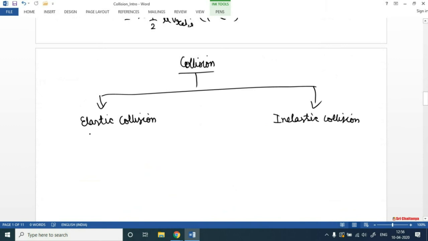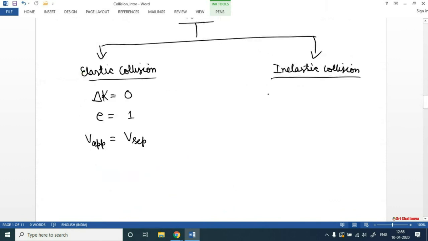Elastic collision is basically when the loss in kinetic energy is equal to 0, or in this case the coefficient of restitution will be equal to 1. So velocity of approach will be equal to velocity of separation, whereas during the inelastic collision, delta K will be negative, e would be less than 1. That means velocity of approach would be greater than velocity of separation.